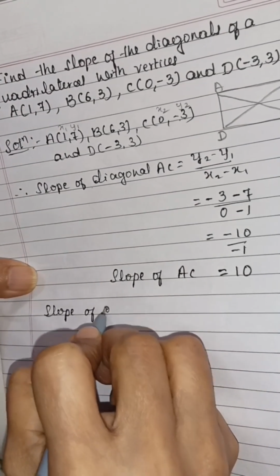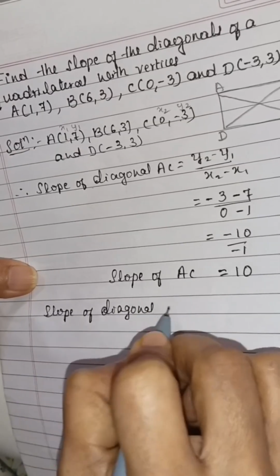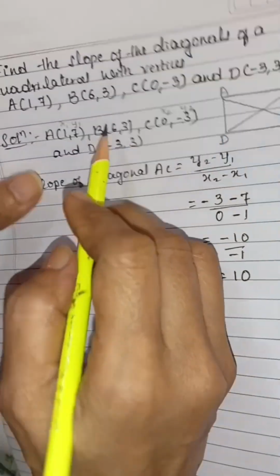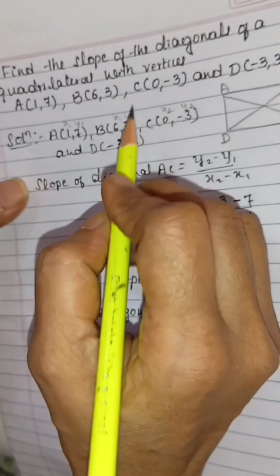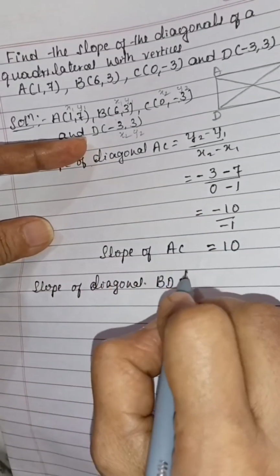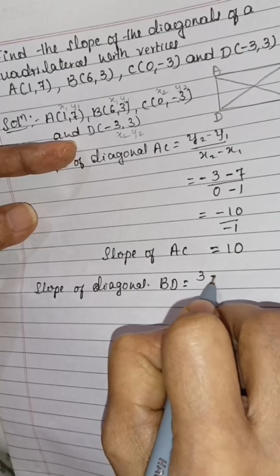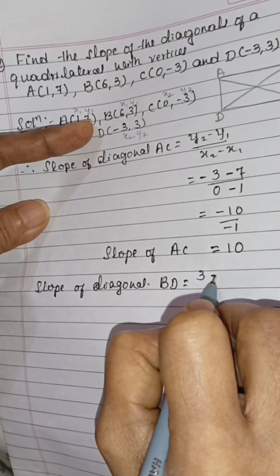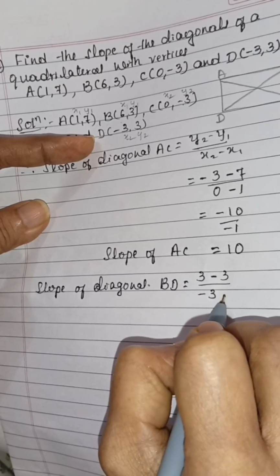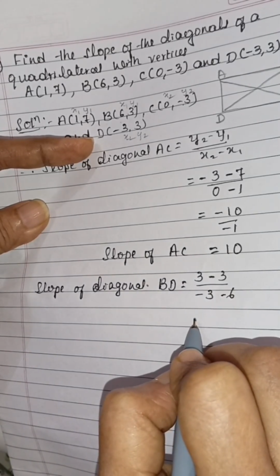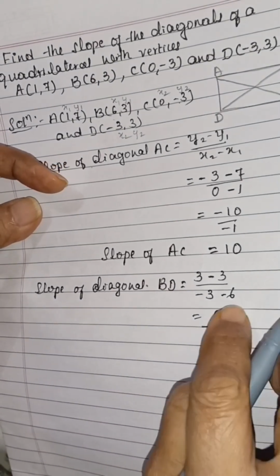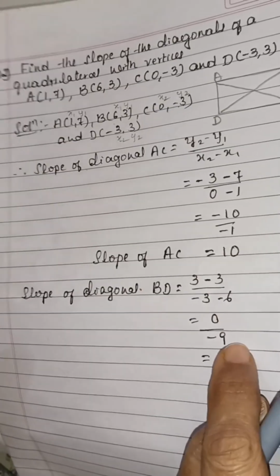Now slope of diagonal BD, that is y2 minus y1, B and D. B is x1 y1, D is x2 y2. y2 is 3 minus y1 is 3, divided by x2 is -3 minus x1 is 6. 3 minus 3 is 0, divided by -9. Anyway, the answer is 0. 0 divided by -9 is 0.